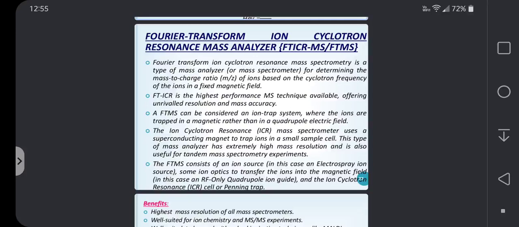FTICR is the highest performance MS technique available, offering unrivaled resolution and mass accuracy.